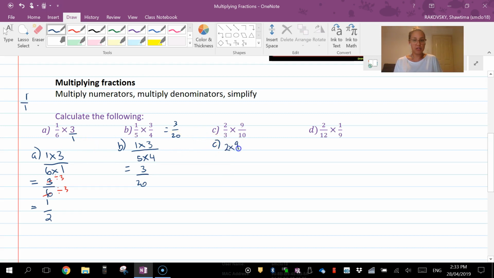2 times 9, 3 times 10 gives us 18 over 30. I can straight away see 3 as a factor. However, I can also see that they're both even.